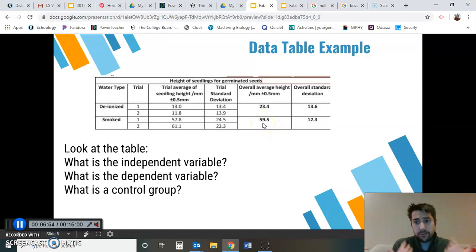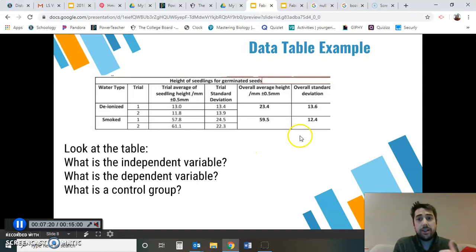So if it was me interpreting this question, I would assume that deionized water, which is just plain H2O, was our control group. And when we introduce this idea of smoked water, perhaps we added some CO2 in there that helped our photosynthesis and helped us grow a little bit more, maybe added some carbon, I don't know, right? But that's just something we could make in our justification of what happened overall.